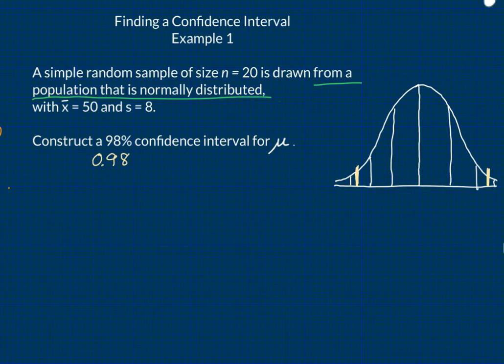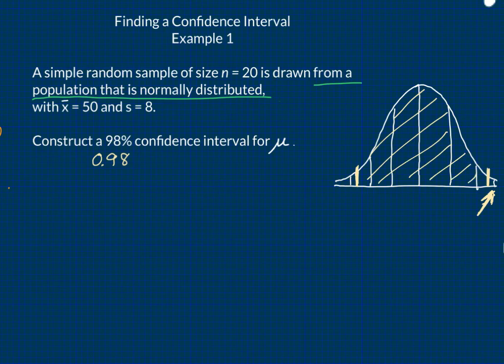Please remember that your t-table only gives you the area under the curve to the right of the value of interest. So it's only going to give you this area here where the arrow is. And notice the 98% that we're looking for confidence with is right there in between the two.